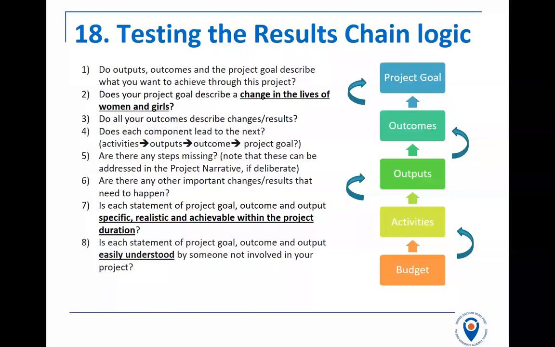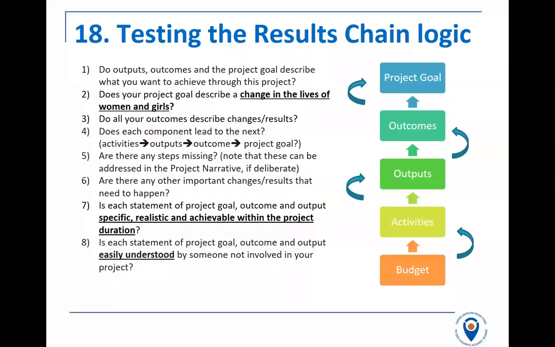Do the outputs, outcomes, and the project goal really describe what you're trying to achieve? Are they understandable? Are they clear? I often say a simple test would be, if you gave it to your grandmother, would she understand it? Give it to your friends. Give your results chain to your friend who doesn't work in the field of violence against women.